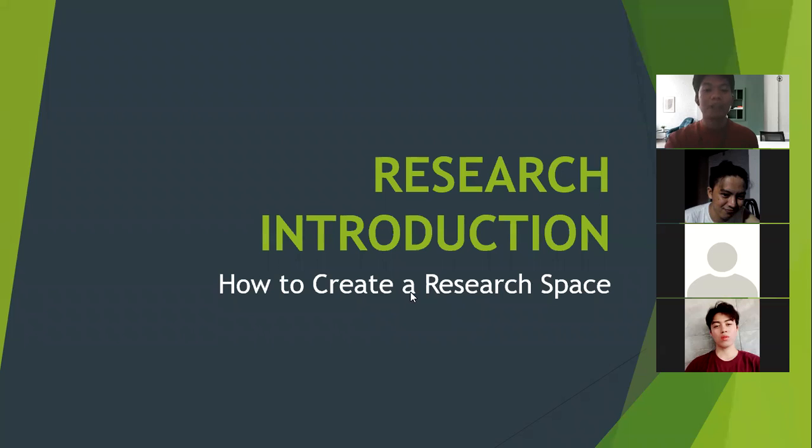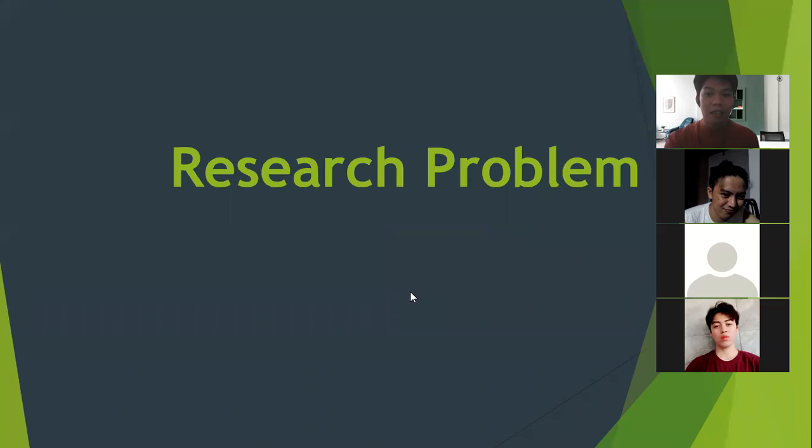Okay, it's very important that we know how to write a research introduction, because that's the part of the research wherein you indicate the problem that you're going to solve or address. The first part of your research is the background of the study or research introduction.